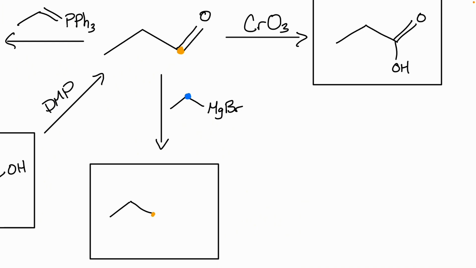I'm going to draw a new bond. That means that this is my blue carbon. Then I just have to include that other carbon from my Grignard. And then what am I missing? The alcohol group, right? In a Grignard reaction, my carbonyl is converted to an alcohol group when we create that new carbon-carbon bond.